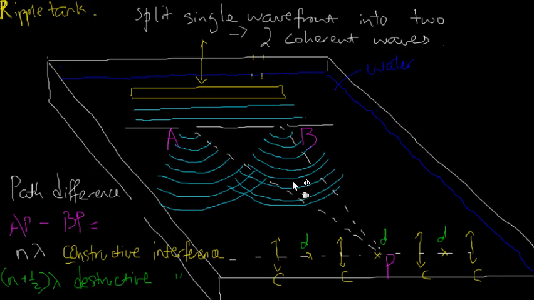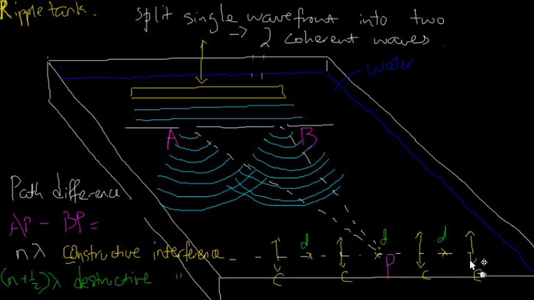It happens because of the nature of waves, and it happens when two waves that are coherent interfere. So if we see this kind of pattern, it must be because whatever is producing it has to be some kind of a wave.